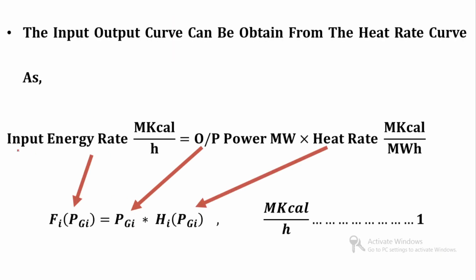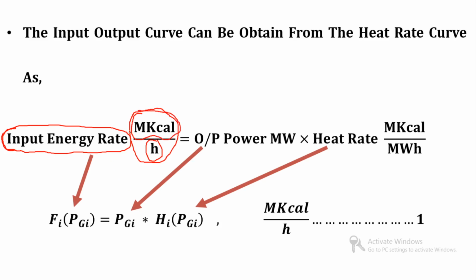Now let us try to derive the formula for input energy rate. We know that input energy rate is given in million kilocalories per hour. That means for 1 hour we need million kilocalories to generate the output power.